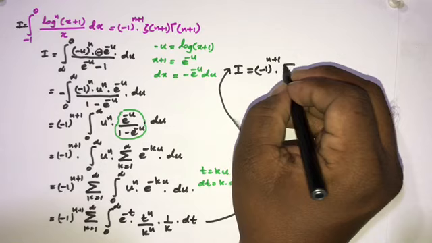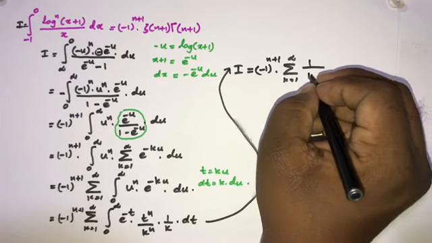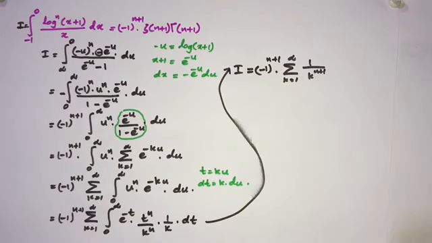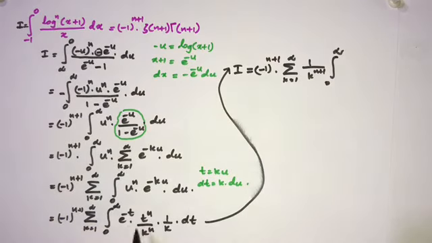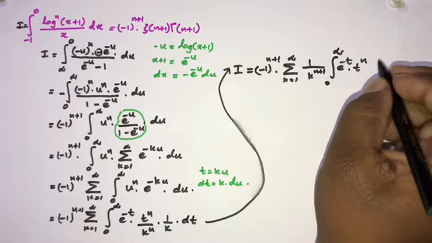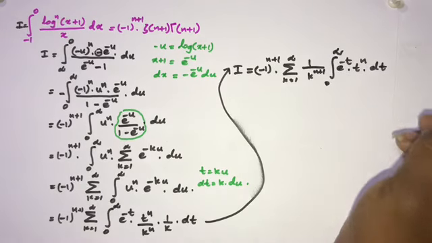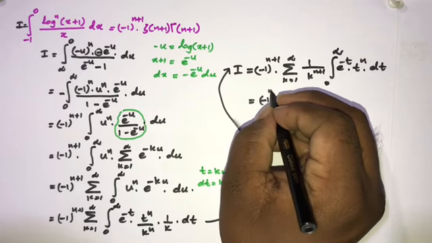So we can write sum from k=1 to infinity of 1 over k^(n+1), integral from 0 to infinity of e^(-t) t^n dt, with (-1)^(n+1).